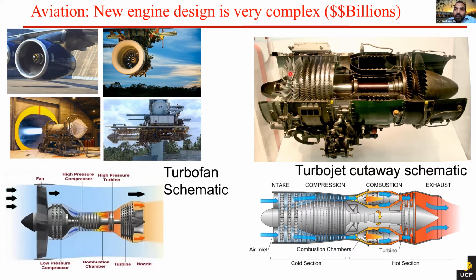So what is rotating is you have these compressors that compress the air. You want the air to be at a sufficient density, so you have to compress it, and then it enters the combustion chamber where it mixes with fuel, because that's where the energy is coming from.